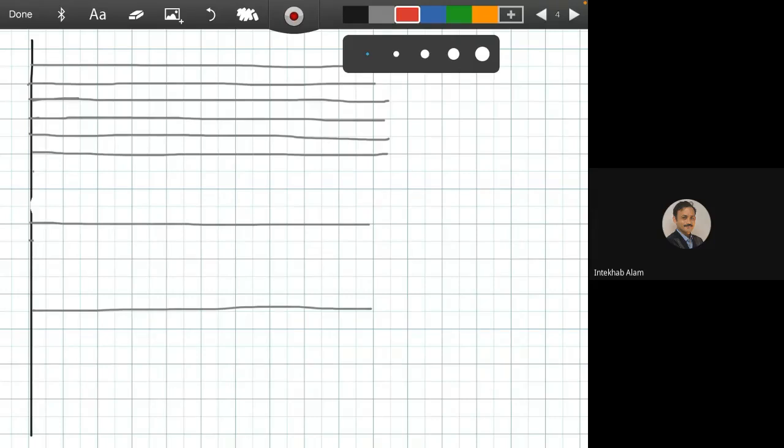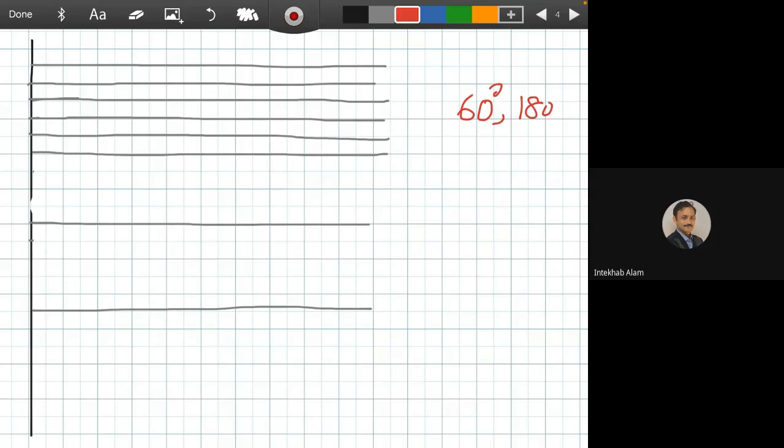So here we used 6 switches, each switch with 60 degree, and we have 180 degree conduction. This 60 degree is from 3 phase. And if we take GCM, then the size will be 60 degree.